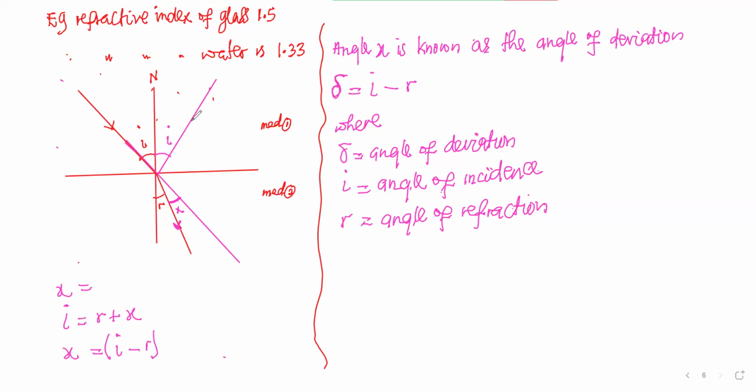Here, the only difference is that the reflected ray will be weaker, whereas the refracted ray is brighter because the second medium is a transparent medium. So once the medium is transparent, a greater part of the incident light will be refracted, whereas just a small part will be reflected, but still would obey the laws of reflection.